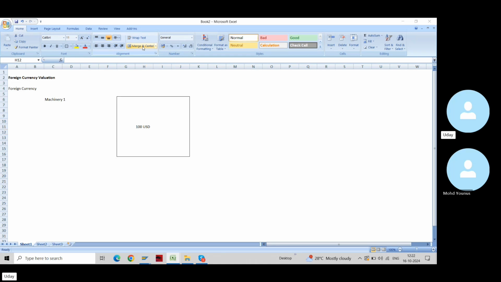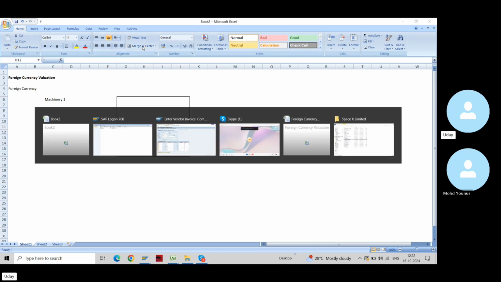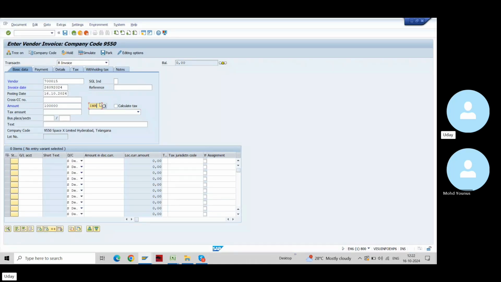While entering, I have to change this currency to USD because the invoice amount is in US dollars. Any currency other than my local currency, INR, will be foreign currency.